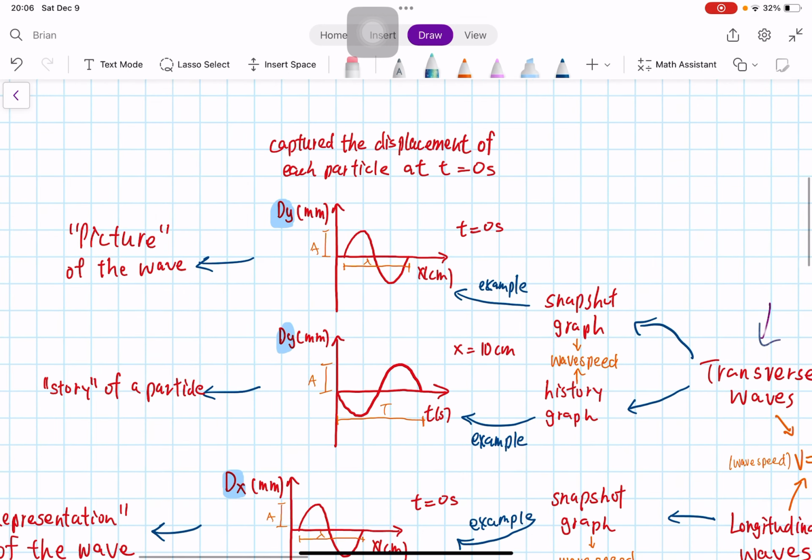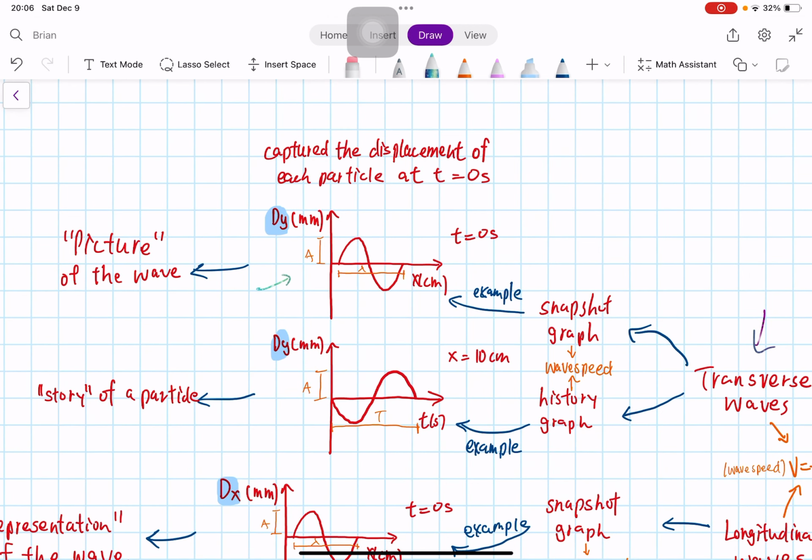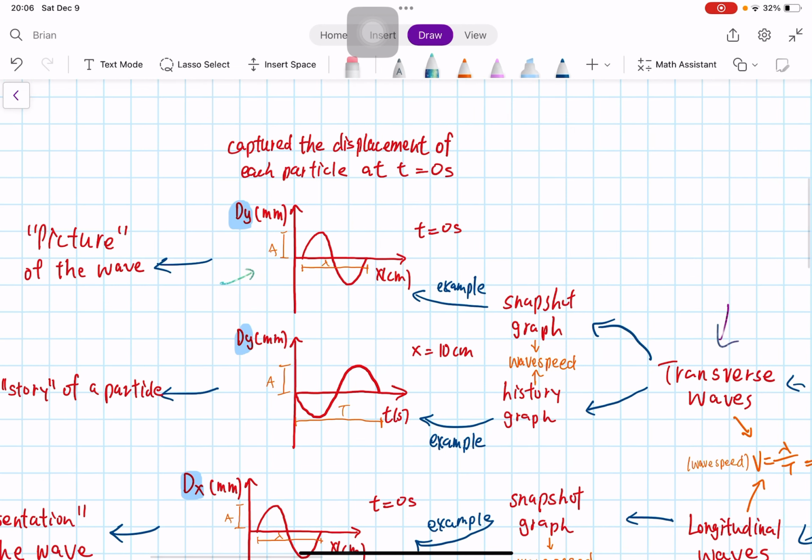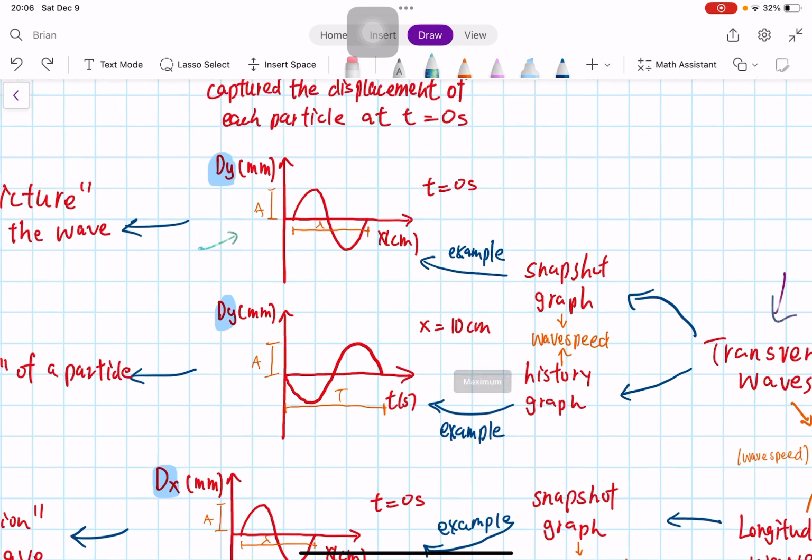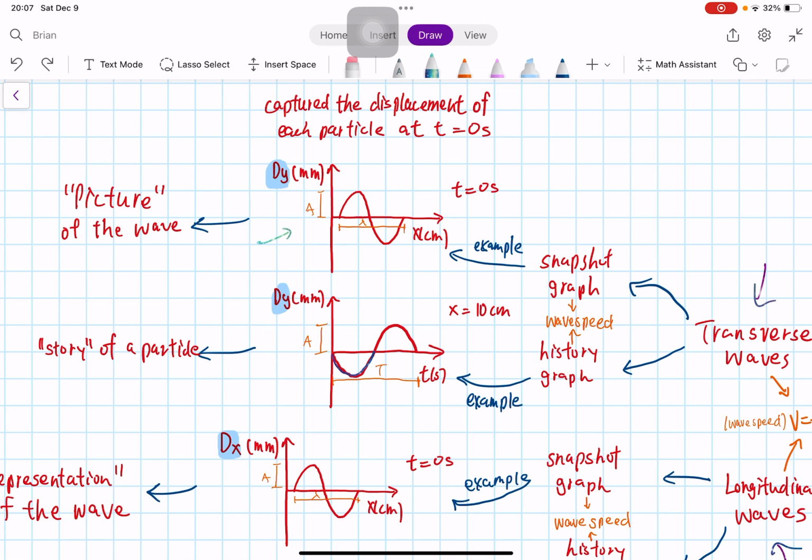So in this diagram, at t equals 0, the displacement of the whole transverse wave would look like this. But for the history graph, we're looking at one particle instead of the whole wave. For one particle, it's gonna move down and then move up as time goes forwards.